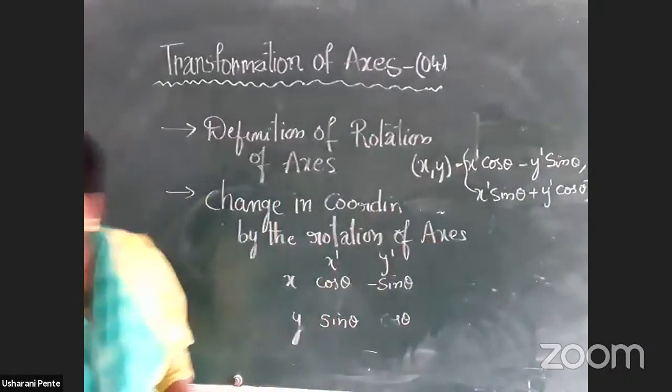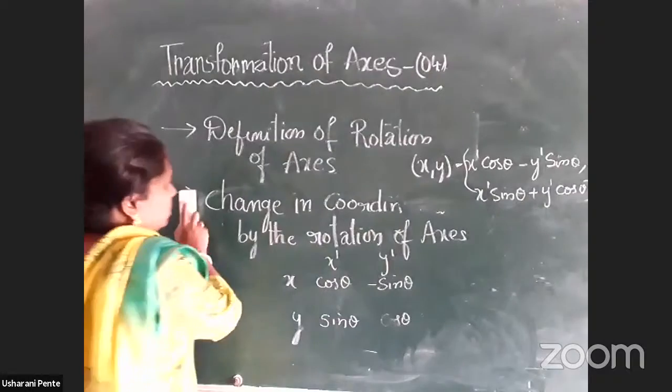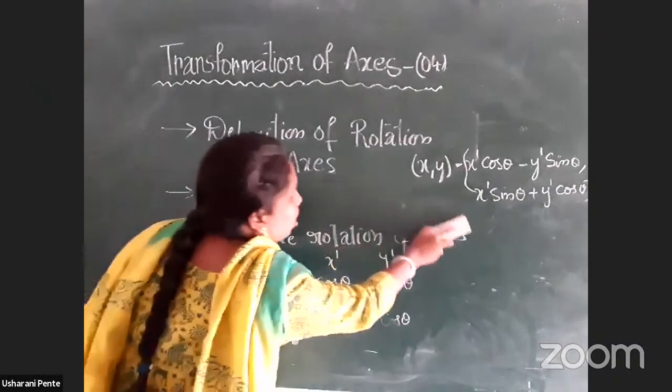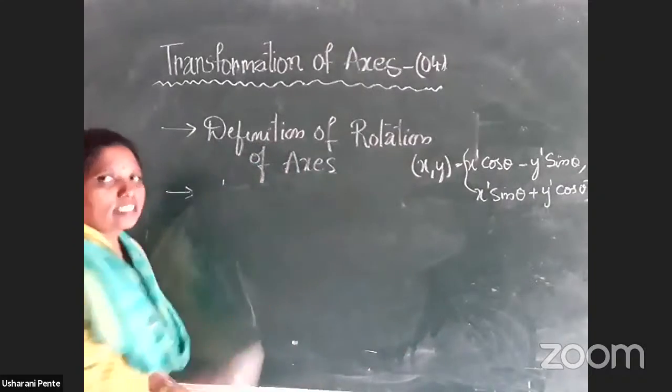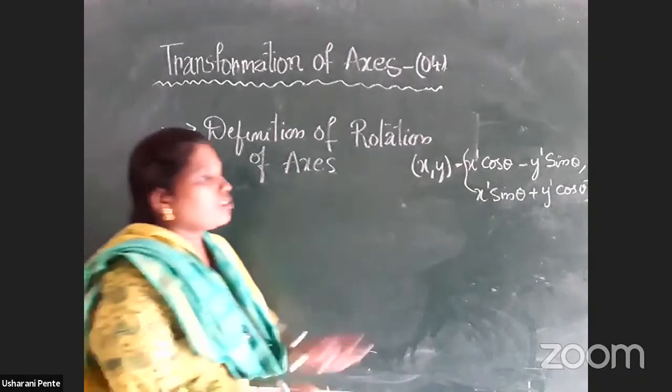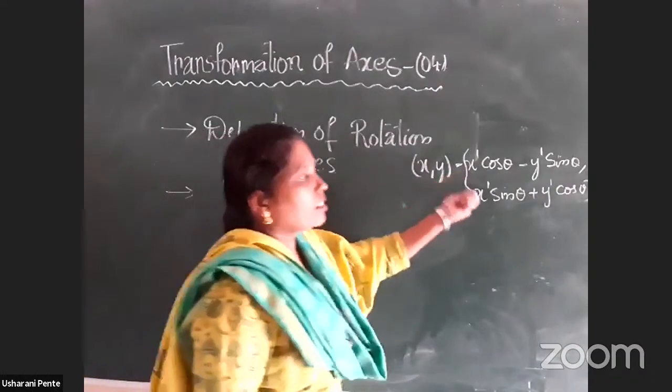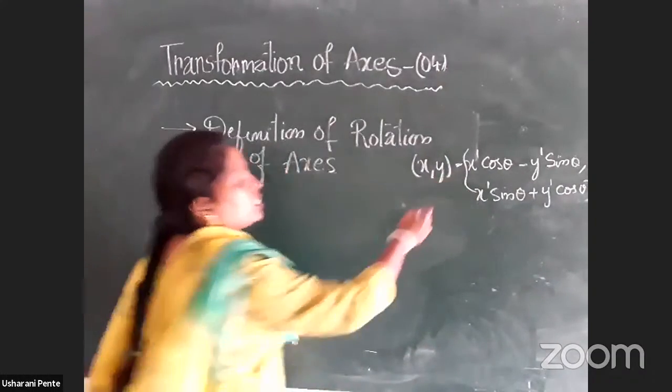That is the coordinate we will find with respect to the original system. This is the formula.